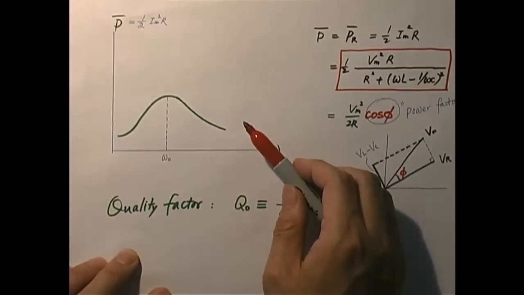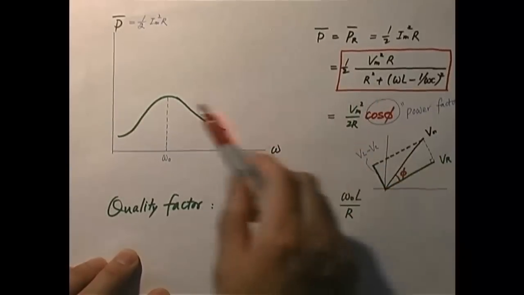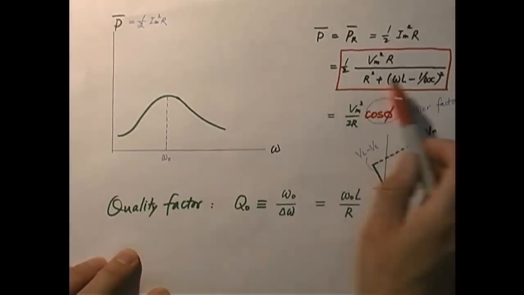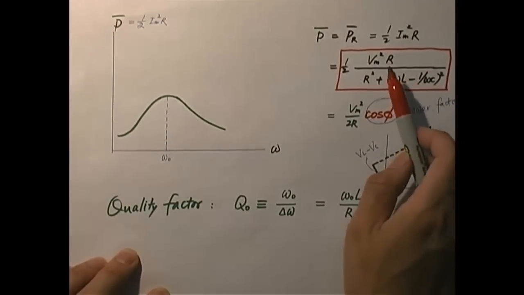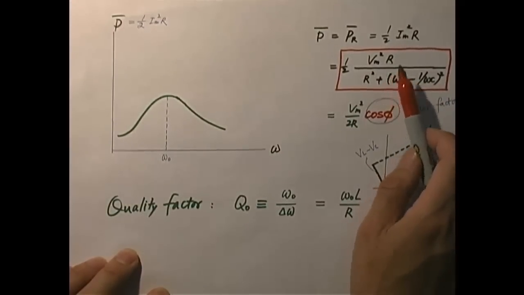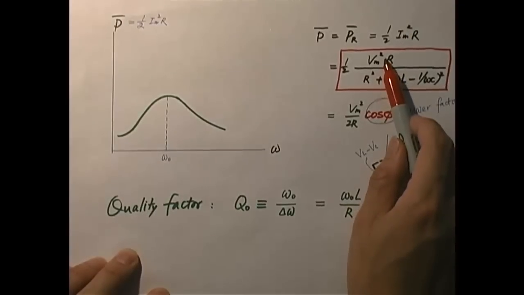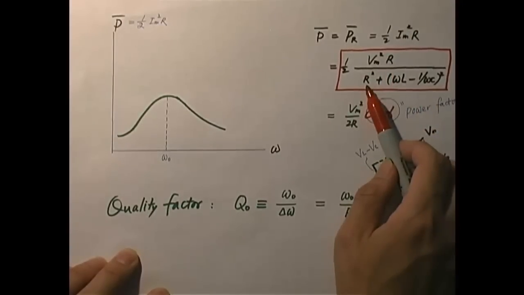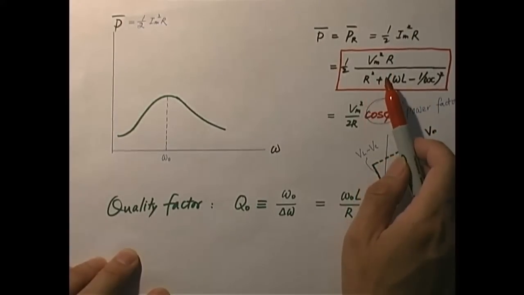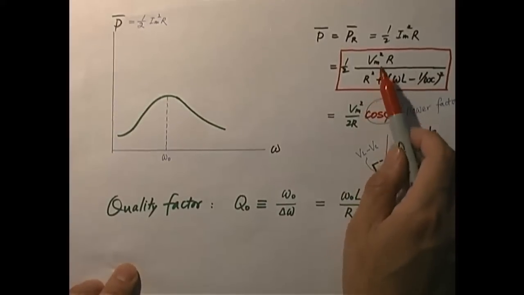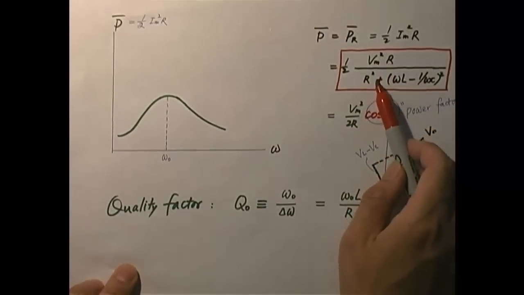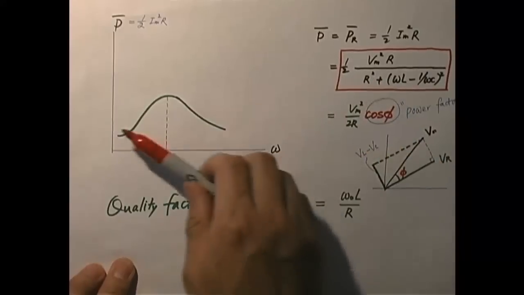And secondly, the peak value is going to rise, because the peak value at this point is when omega L equals 1 over omega C. So that term is gone. What you have left is V maximum squared over R. Okay, but you know what that is, right? When R is really small, V maximum squared over R becomes really large. So you're going to see a rise.